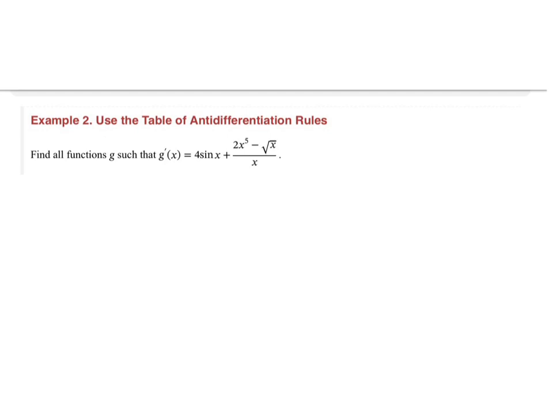I can't do this, because we don't have any rules for differentiating a product or a quotient. But what we're going to do with this g prime equation is simplify it and put it in a form that we can use anti-differentiation rules. So write it down first in this form, and then right below it, we'll start simplifying.